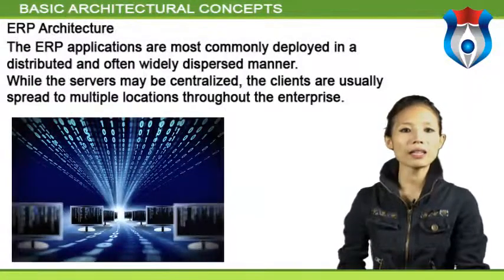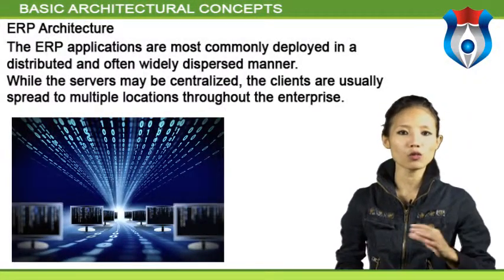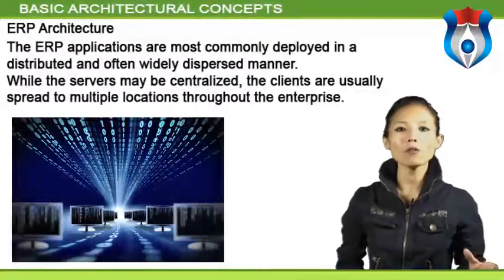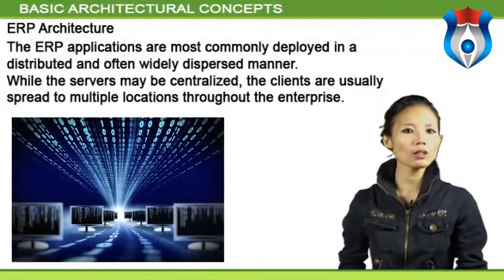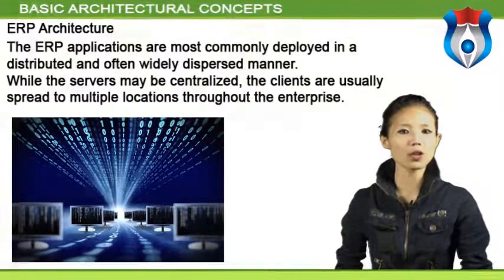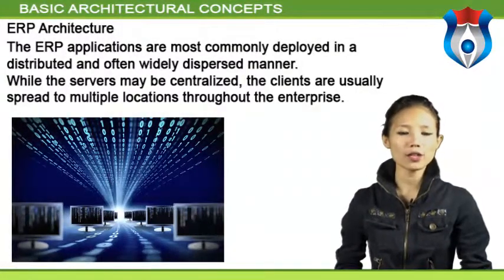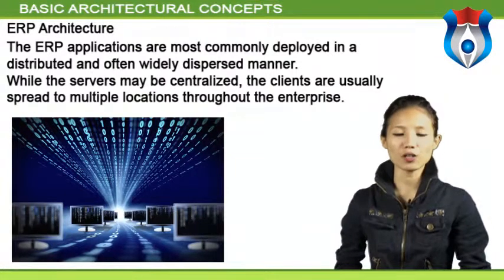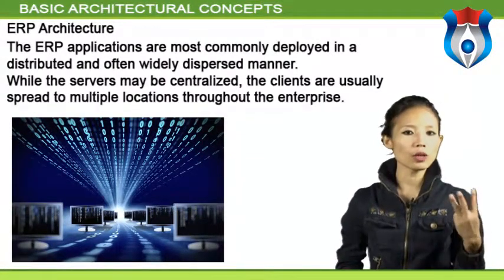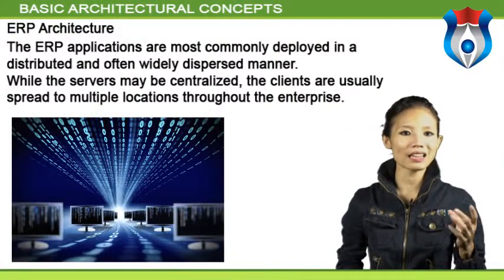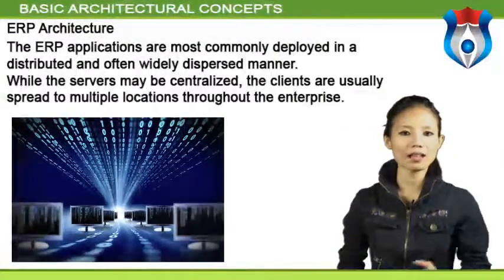ERP applications are most commonly deployed in a distributed and often widely dispersed manner. While the servers may be centralized, the clients are usually spread to multiple locations throughout the enterprise. Generally, there are three functional areas of responsibility that are distributed among the servers and the clients.